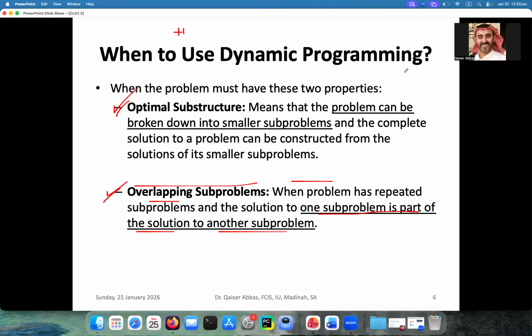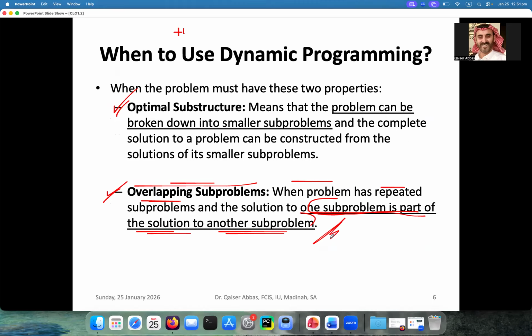So overlapping is when one subproblem is part of the solution to another problem. In short, when you have repeated subproblems, then that state will be there. Whatever is written here, when you have repeated subproblems, then this condition would be there.